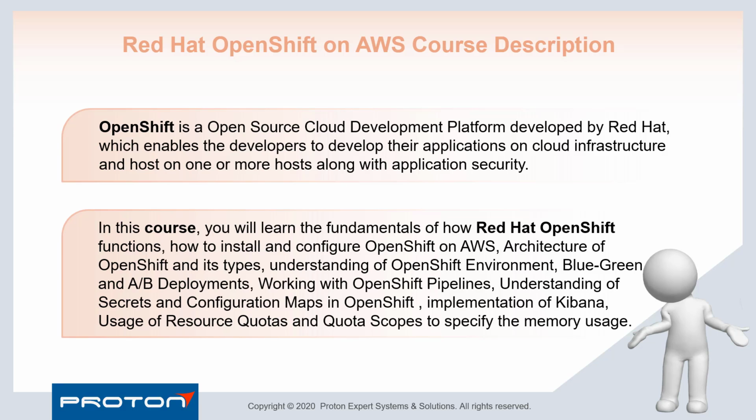In this course, you will learn the fundamentals of how Red Hat OpenShift functions, how to install and configure OpenShift on AWS, architecture of OpenShift and its types, understanding of OpenShift environment, blue-green and A/B deployments, understanding OpenShift pipelines, understanding of secrets and configuration maps in OpenShift, implementation of Kibana, usage of resource quotas and quota scopes to specify the memory usage.